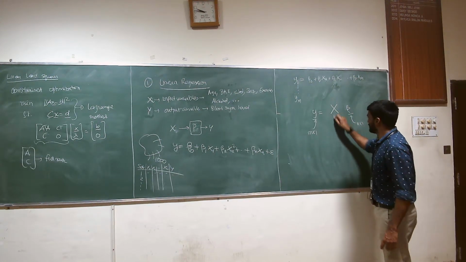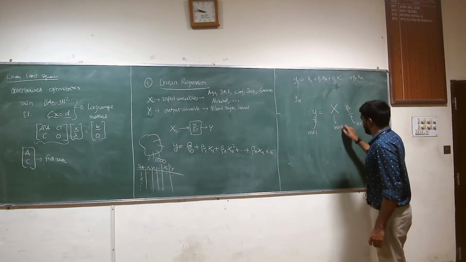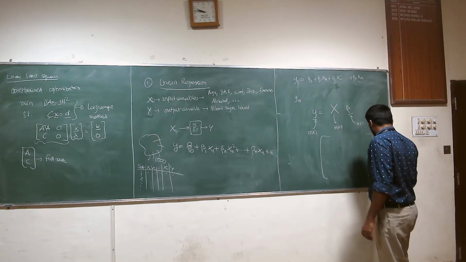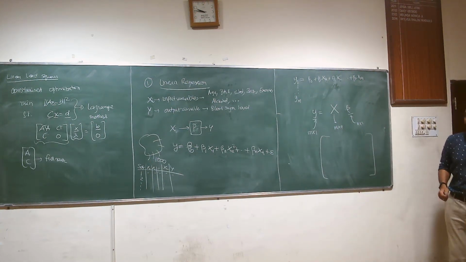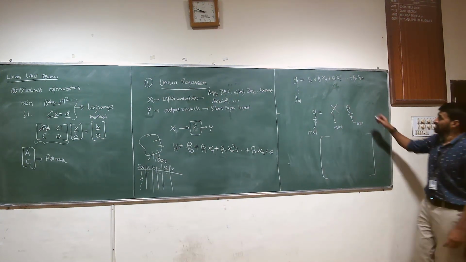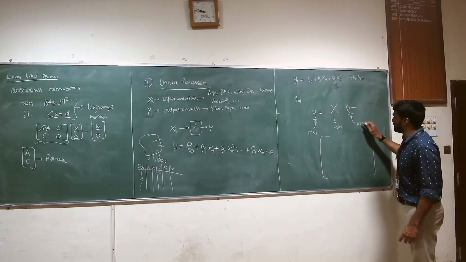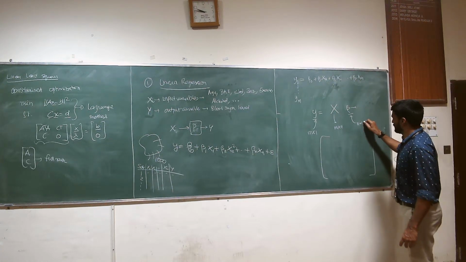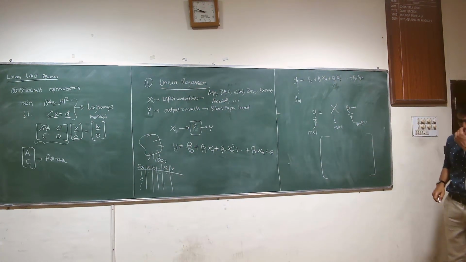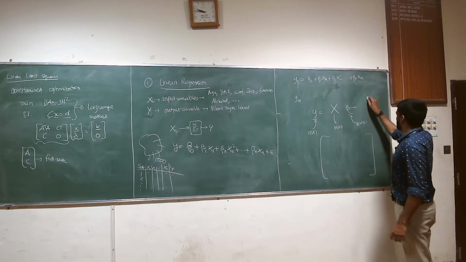It'll be a matrix. What will be the elements of this matrix though? Well, note that this is not really n cross 1.